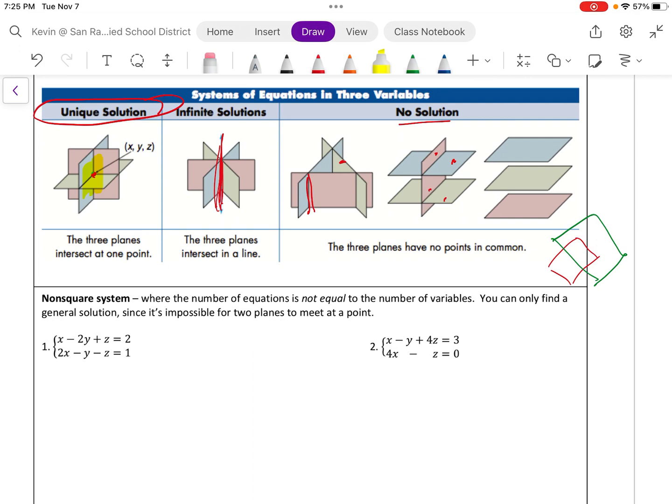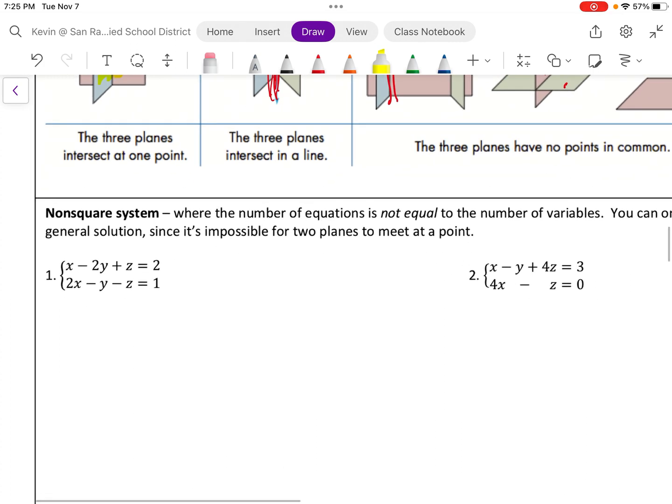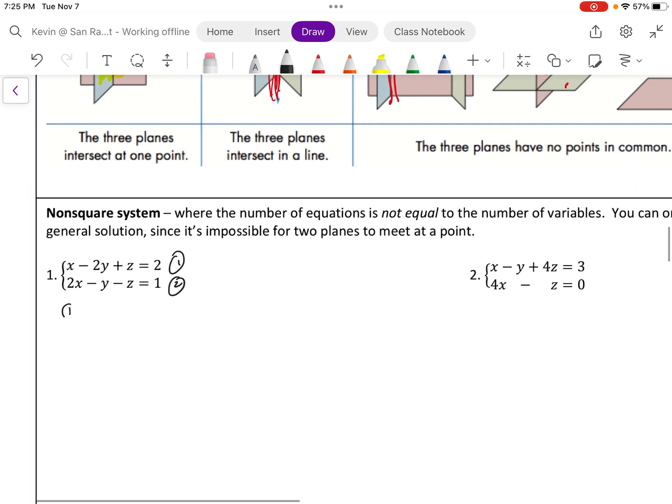All right, so we have what's called the general solution, which means that our solution is all going to be based on one of the variables. And it could be any one of them, but usually one fits better than others do. All right, so we're going to do the same thing we were doing before, though. We have equation 1, equation 2. So I'm going to start out by just adding 1 plus 2.